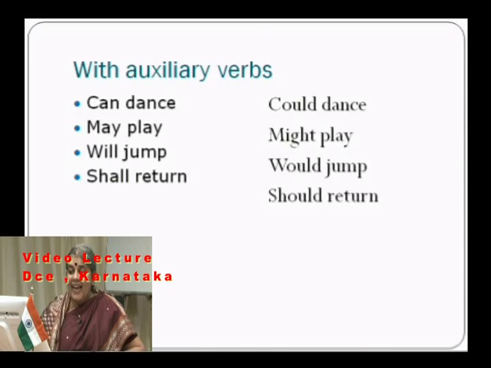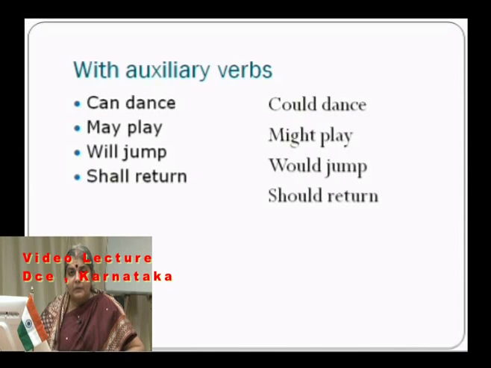When I say can dance, it means I am using the verb phrase can dance in present tense. The past tense of can dance is could dance. May play is in present tense form. The past tense of may is might, then play, might play.